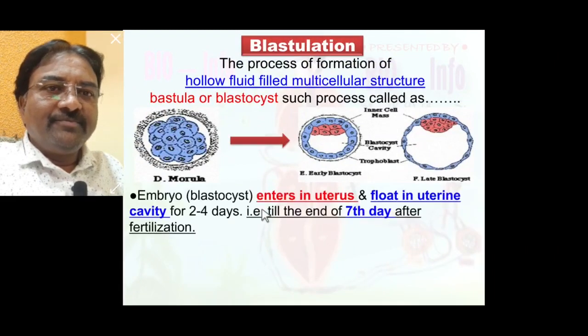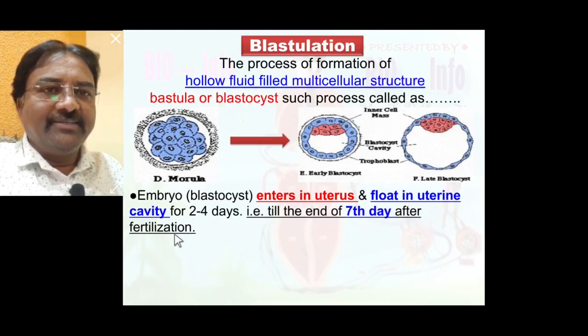Now the blastocyst enters the uterus and floats in the uterine cavity for 2 to 4 days, that is, till the end of the 7th day after fertilization.